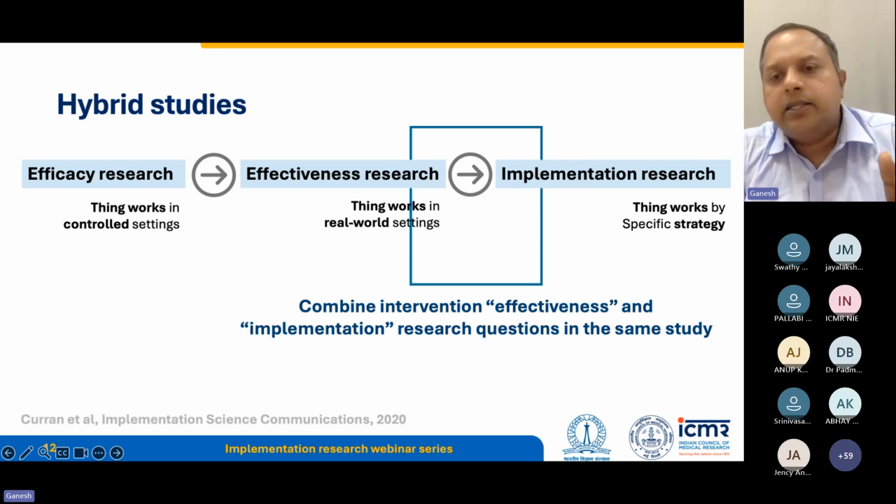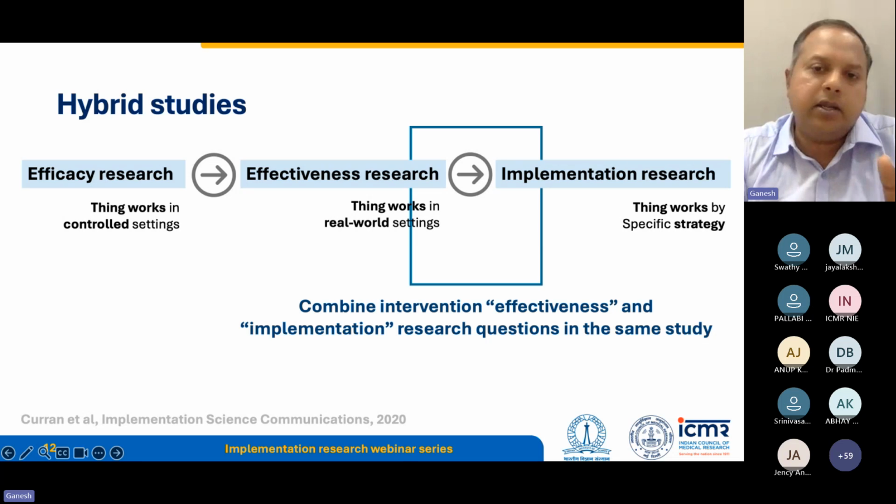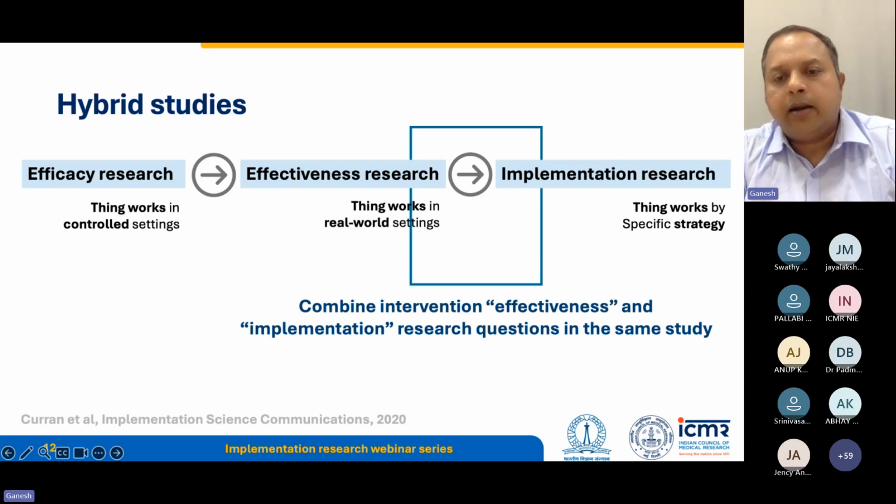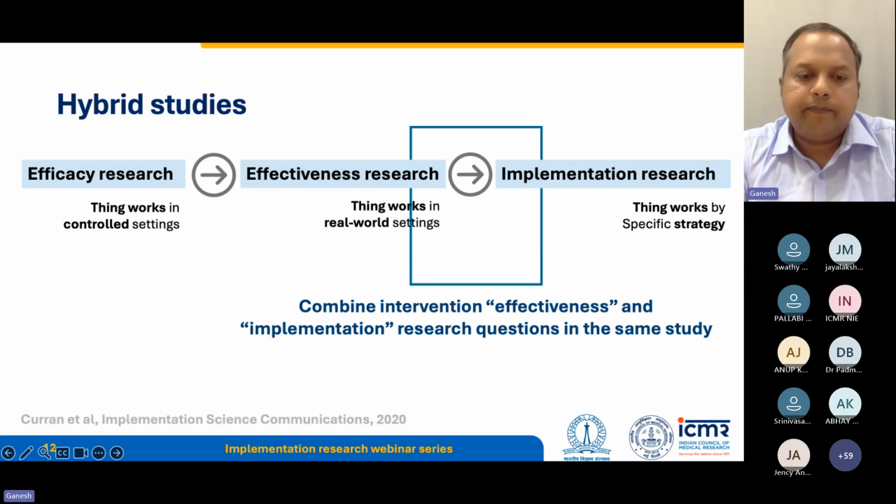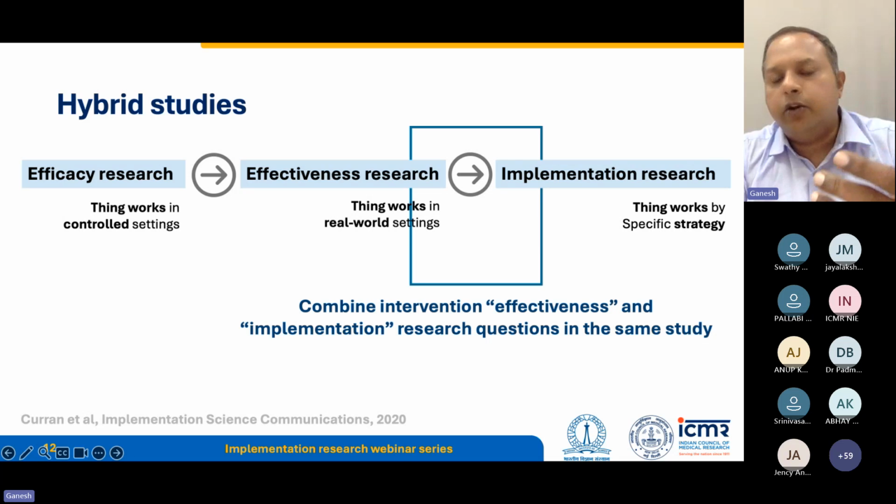It takes even evidence at the earliest stage, demonstrates the clinical effectiveness, and simultaneously demonstrates the implementation research outcomes, so that the wait time from evidence to practice can be expedited. That is the most important thing we need to understand.